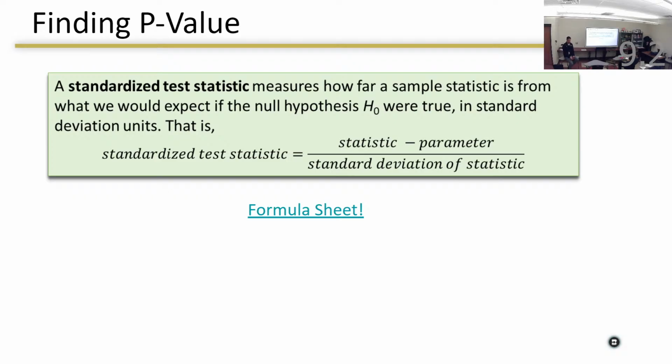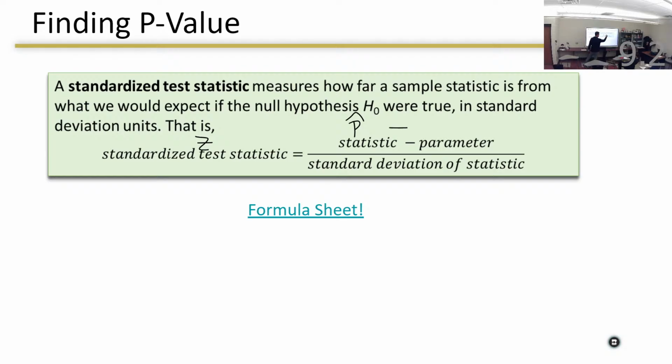So that's a formula you need to know. However, you don't have to know it because it's on the formula sheet. What you do have to know is how to turn that into variables. So the standardized test statistic is Z. You know statistic is p hat or x bar. In this chapter, that's going to be p hat.